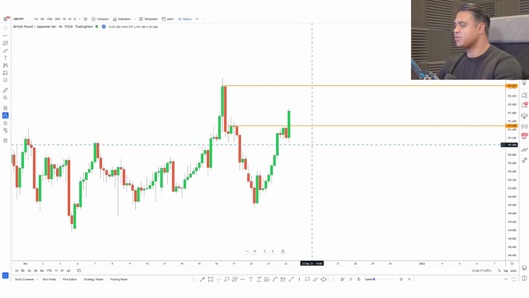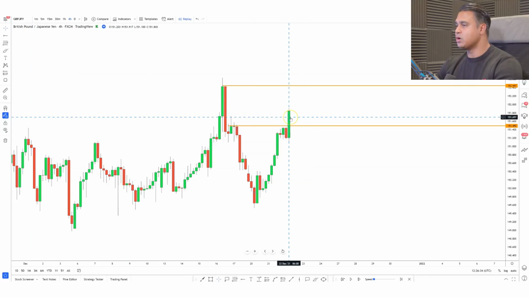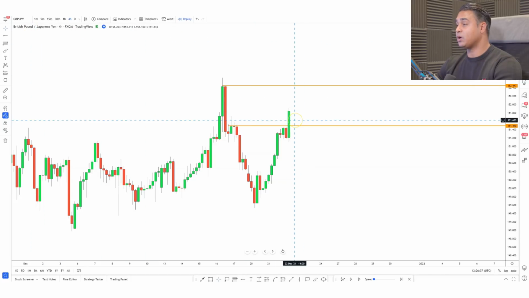Is this enough to take a trade? Some instances it is, but if you want high probability trades to make sure you're on the right side of the market at the time you're about to take the trade, then what you need to do is find that correlation. So we've identified now the singular currency, which is pound, is strong because of pound JPY closing bullish.